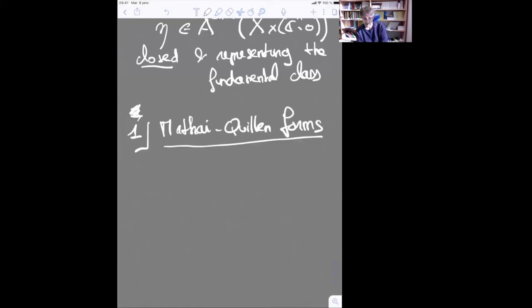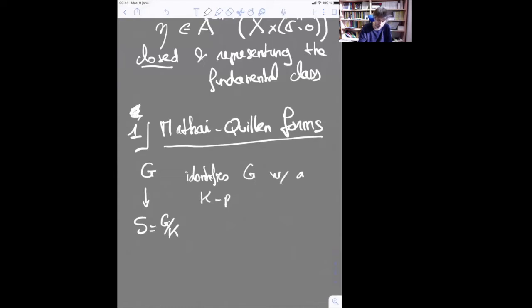And so the Mathai-Quillen forms will be obtained by considering the principal bundle G over S, which I recall is G mod K. So this identifies G with a K principal fiber bundle.